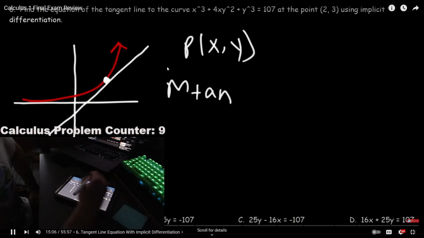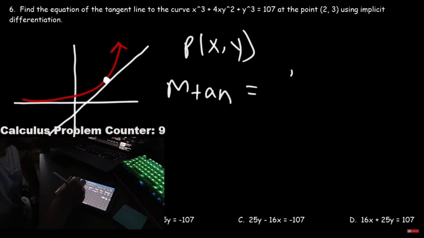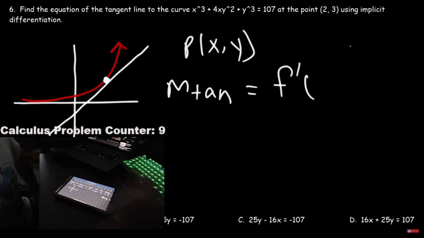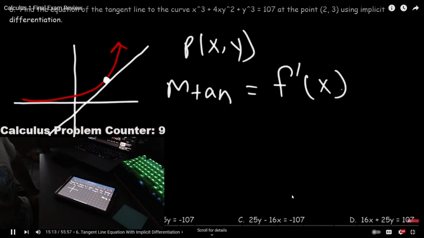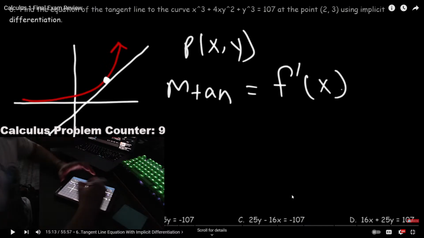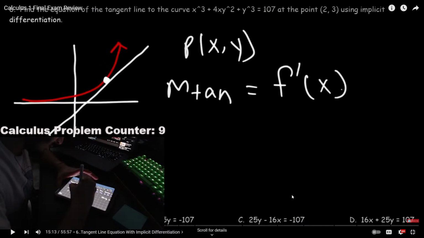Now, the slope of the tangent line is equal to the first derivative of the function at some x value. So, let me draw this out. So we have that.